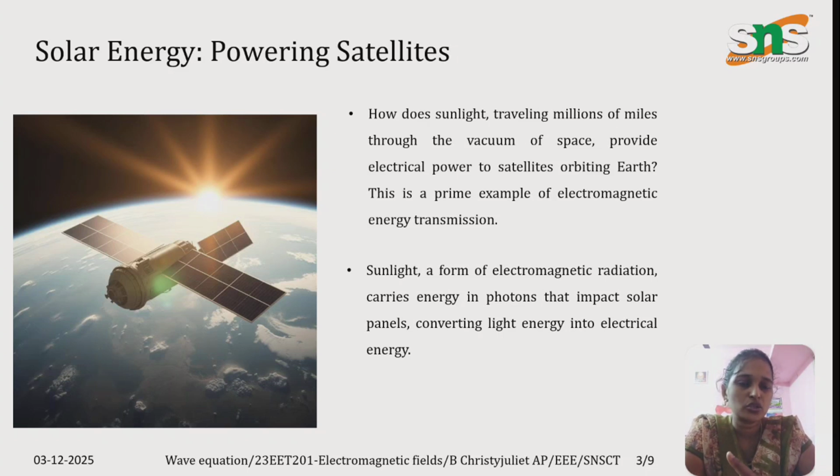Sunlight is a form of electromagnetic radiation which carries bundles of energy that impact solar panels, converting light energy into electrical energy.